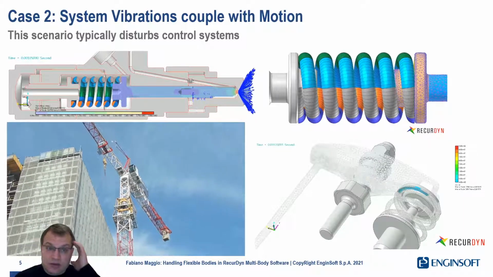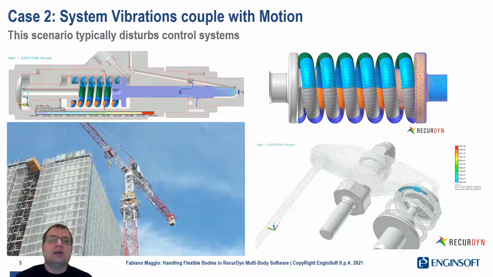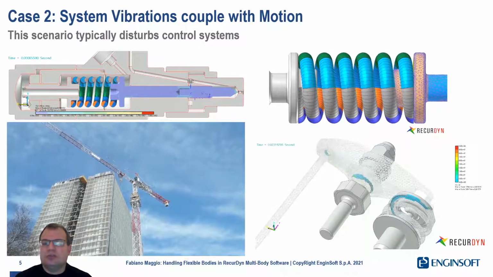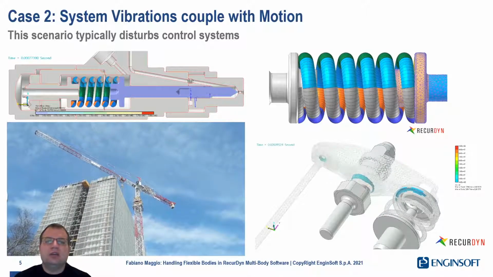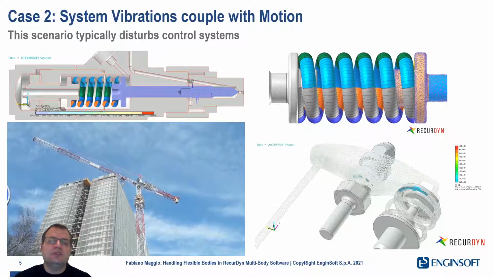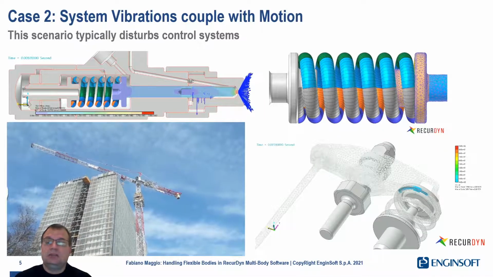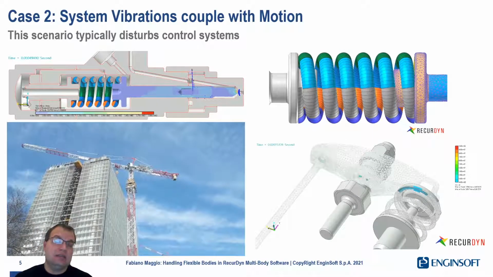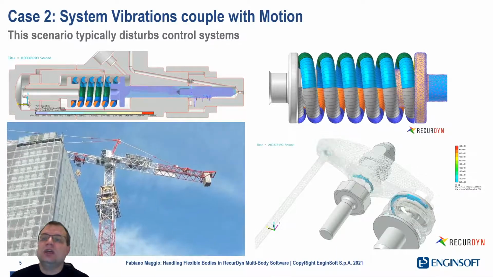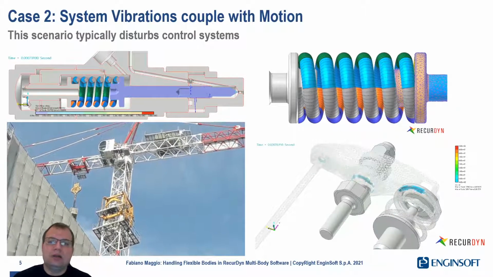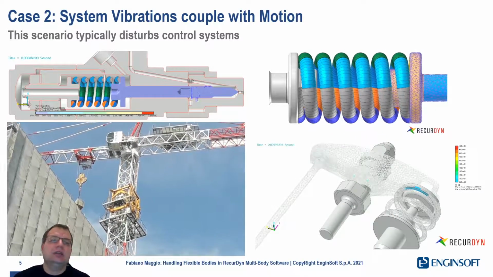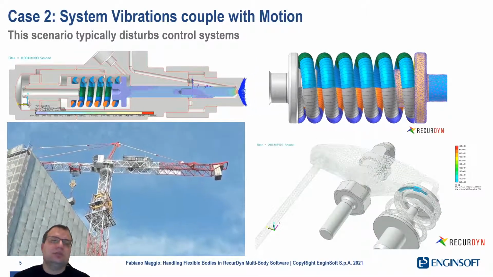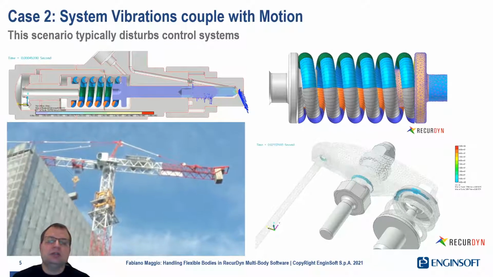And in this case, all the vibration modes of the spring are excited, and you cannot predict the reactions and the behavior of the pin if you don't include the full flex spring. Additionally, I can tell you, if this is a controlled system, as they are actually, you cannot set up the control system properly if you don't include in the model the spring with its distributed mass and distributed stiffness.